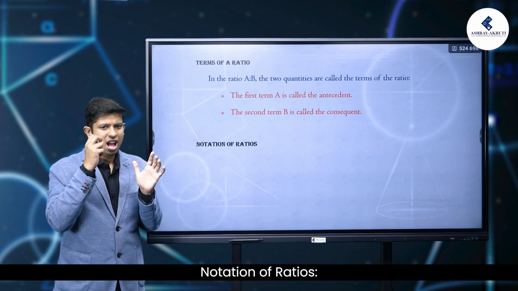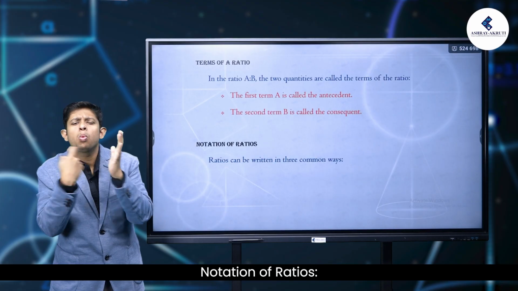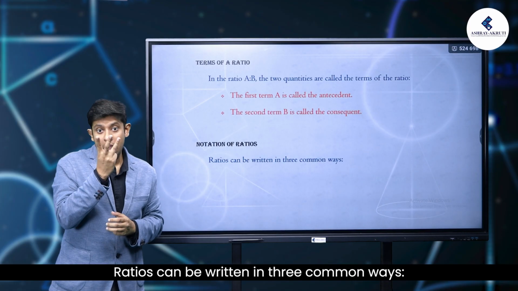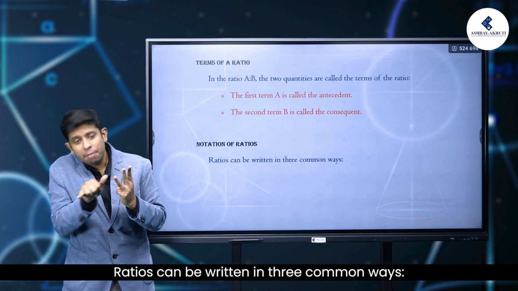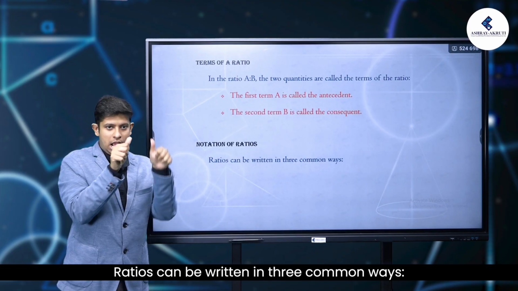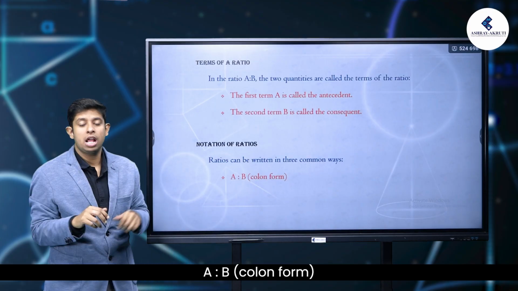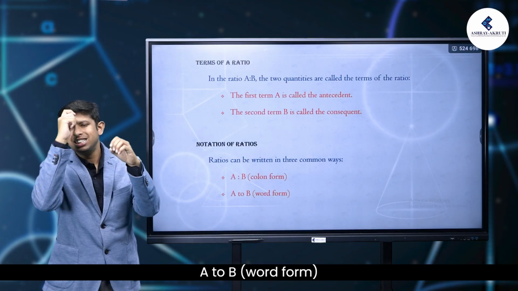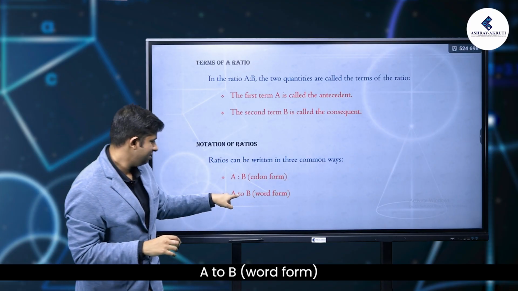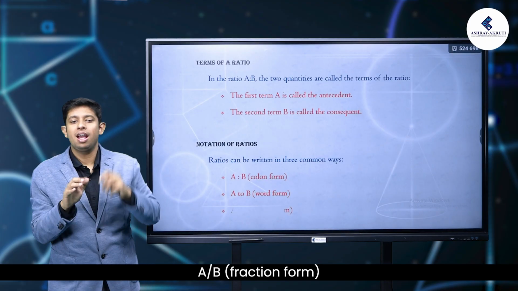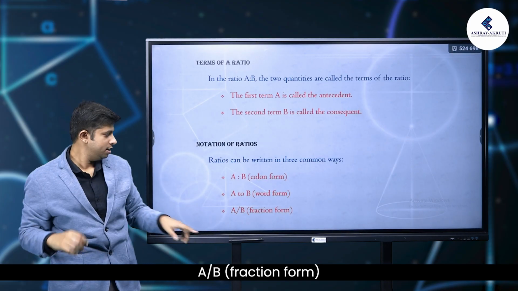Notation of ratios. Ratios can be written in 3 common ways. A:B, colon form. A to B, word form. A by B, fraction form.